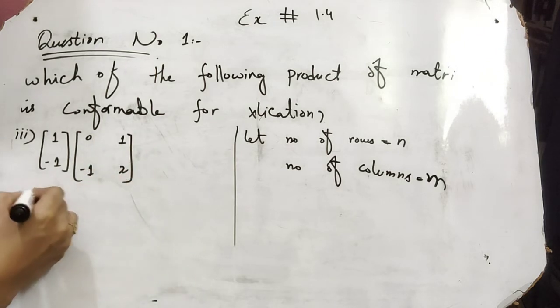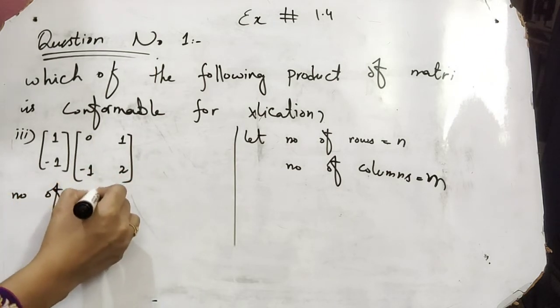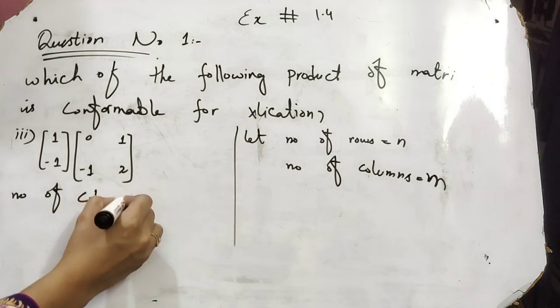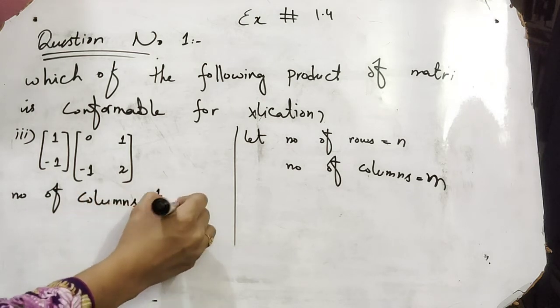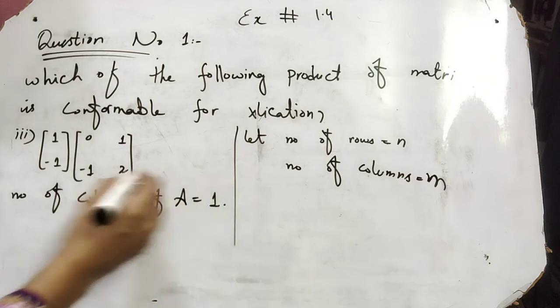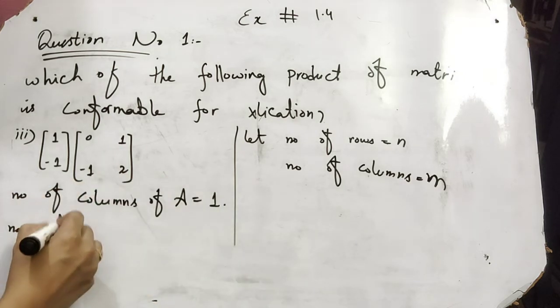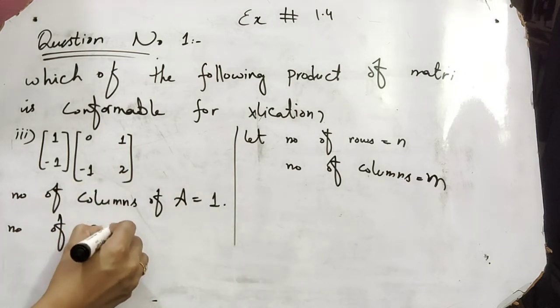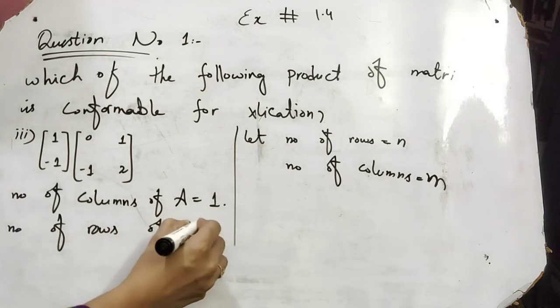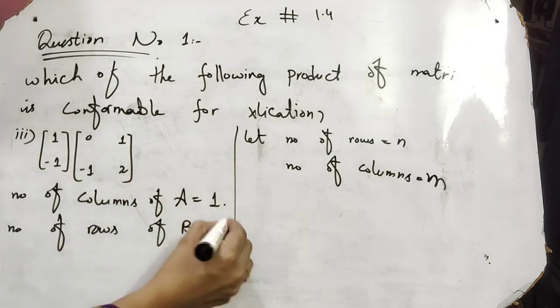So the number of columns of A is equal to 1 and the number of rows of B is equal to 2.